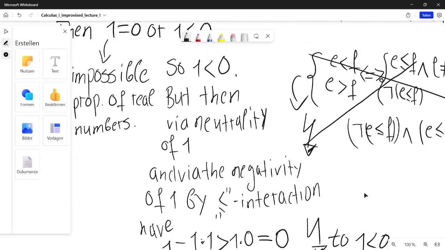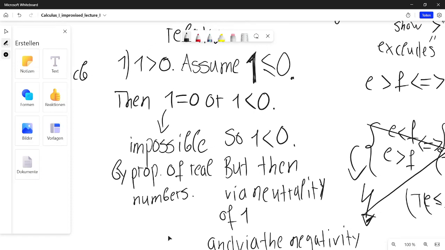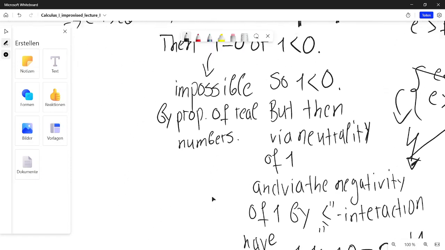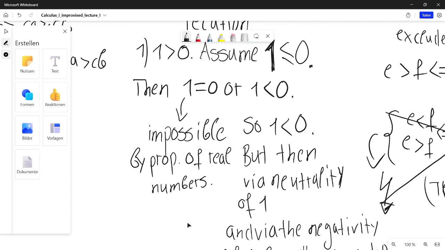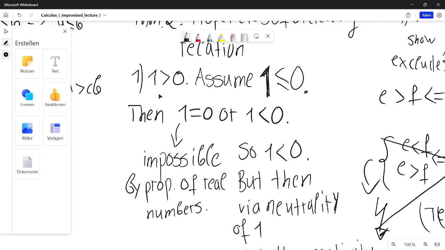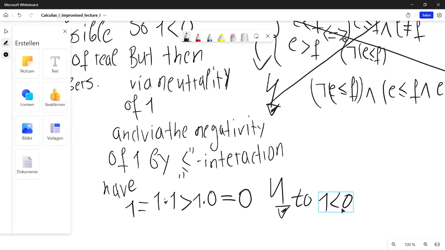Hence our assumption was wrong, and it can only be that 1 is bigger or equal to 0, but 1 equal to 0 is generally excluded, so 1 is bigger than 0. And we have proved that.